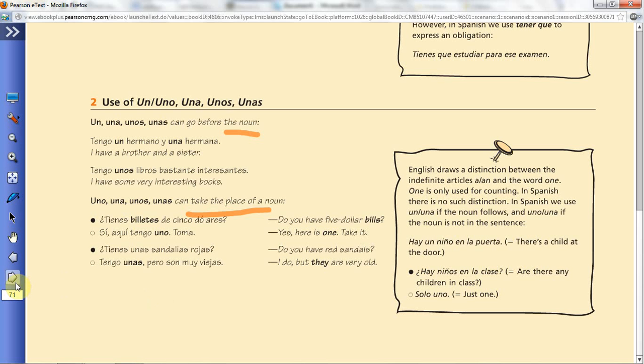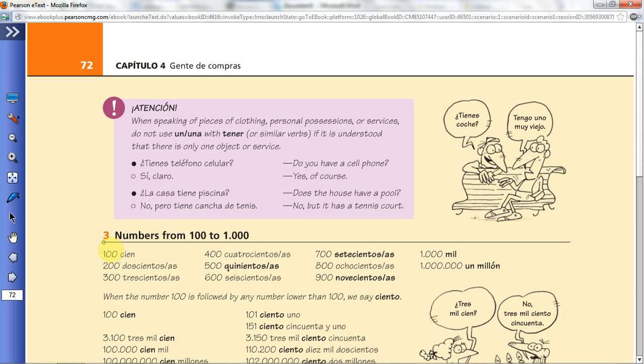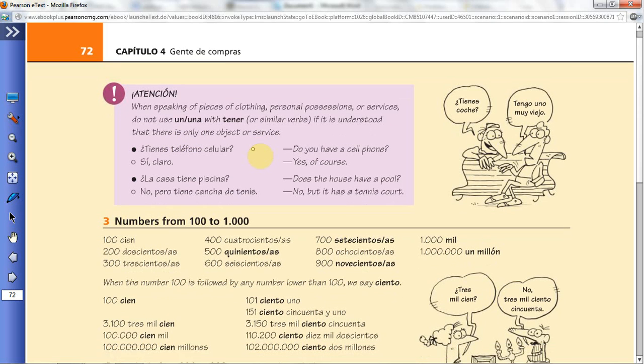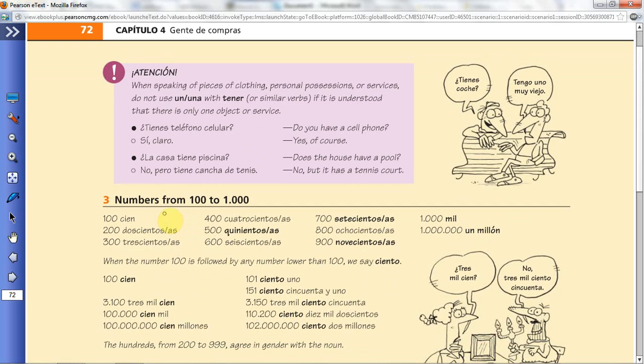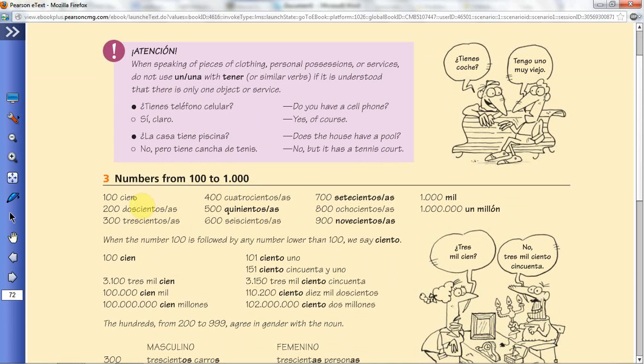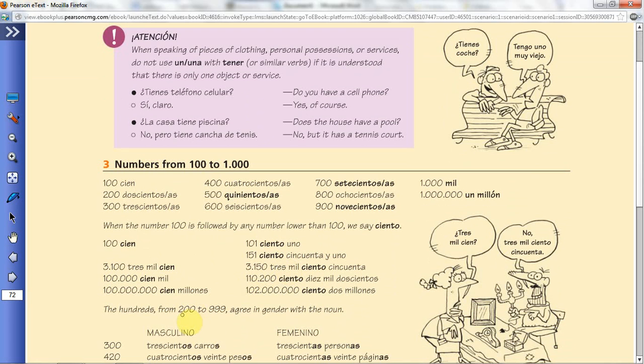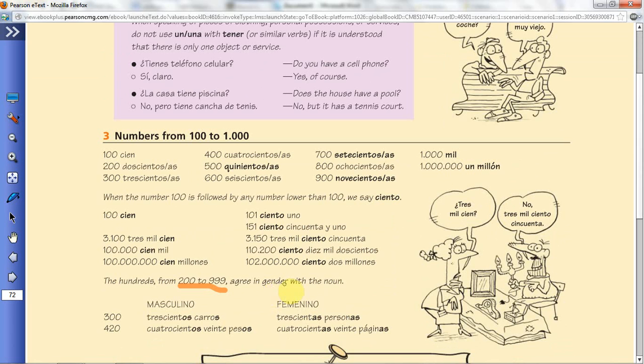Now something a little bit similar to uno, una, unos, unas is the numbers. Okay, the numbers from 1 to 1,000. So actually, when you get to over 100, you change cien to ciento, ciento uno. Okay, but when you get to the hundreds, 200 to 999, you're gonna make the numbers agree in gender and number with the noun.